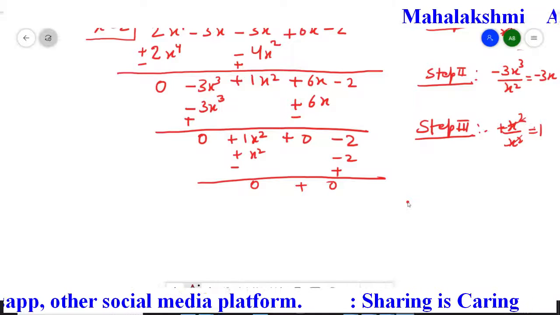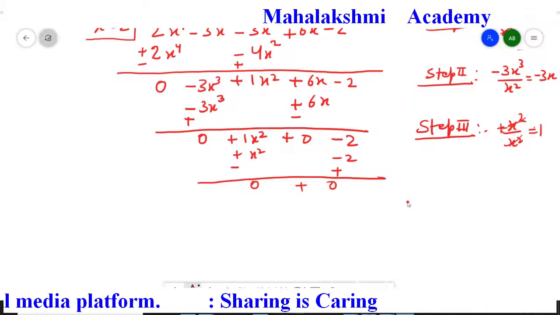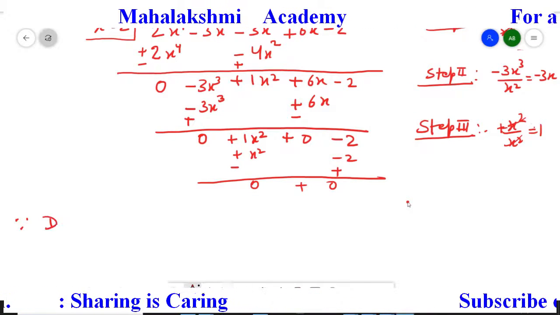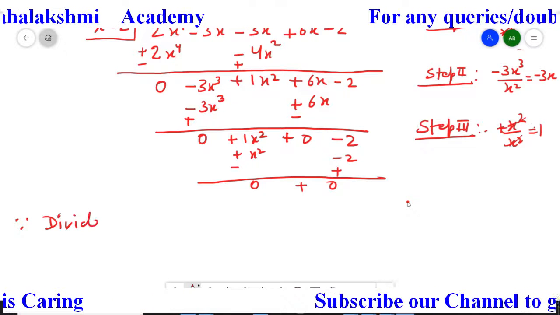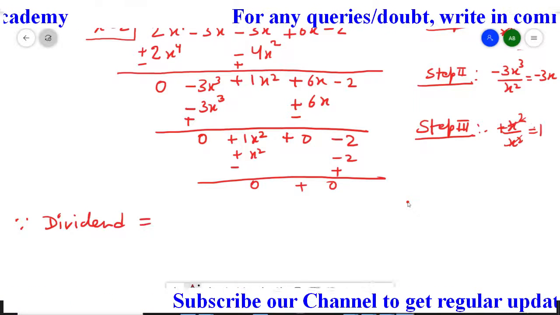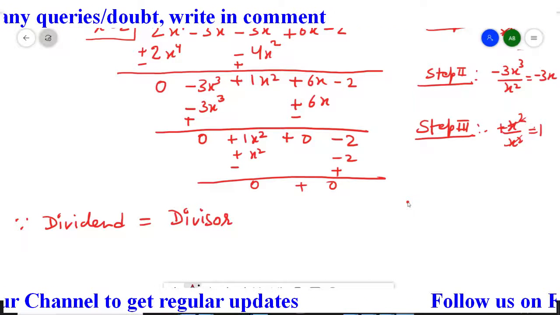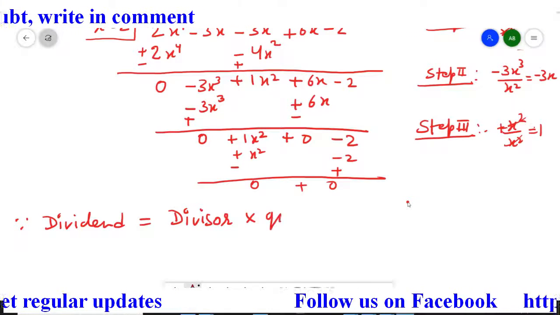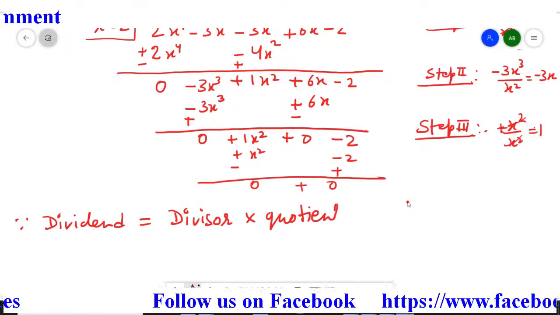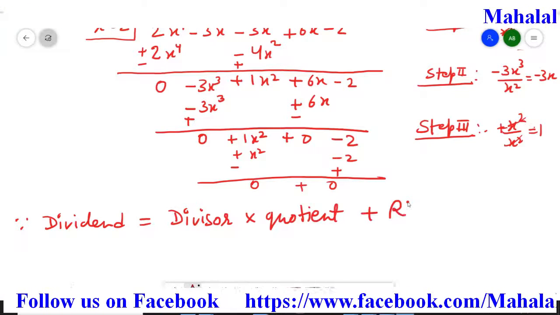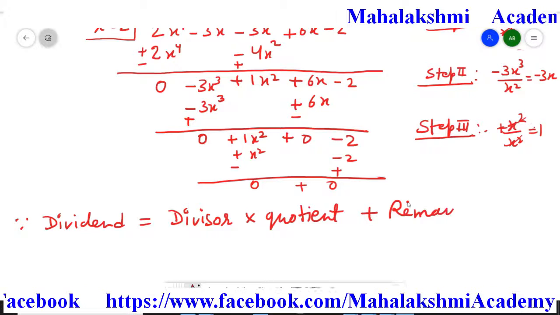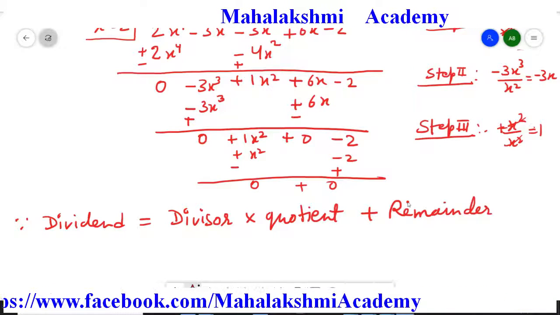Now we have to write down the division rule, students. The division rule you know already, that dividend is equal to divisor multiplied by quotient plus remainder.